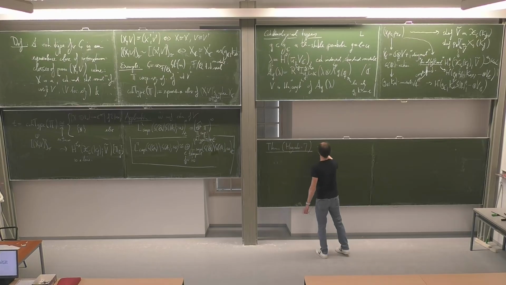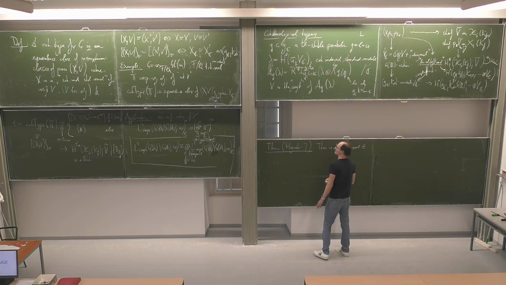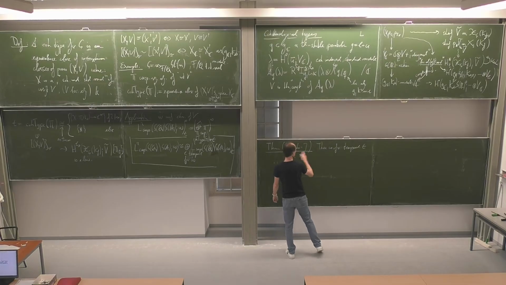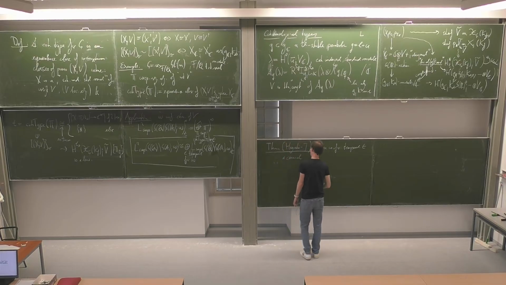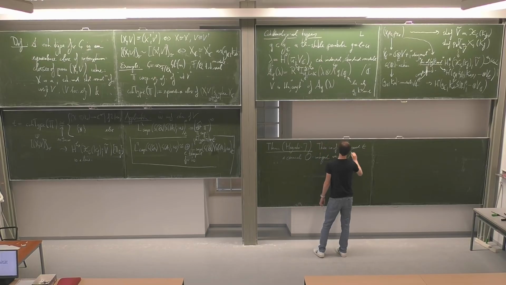So there is, for tempered cohomological types T as above, a canonical integral model, just denoted A_Q.